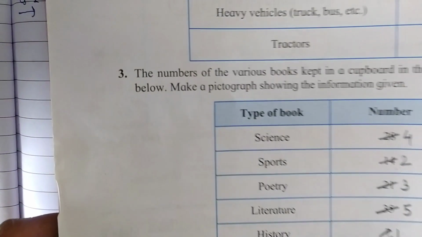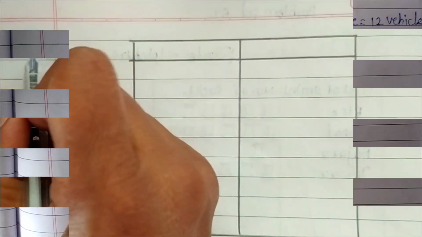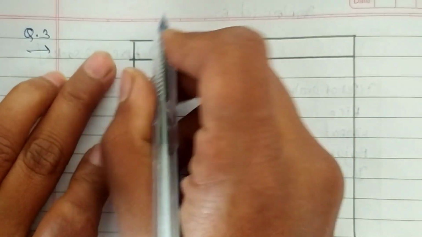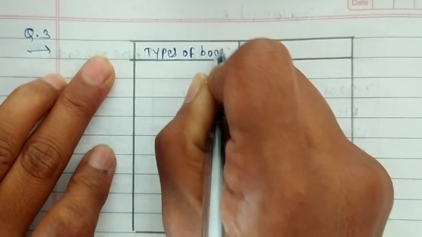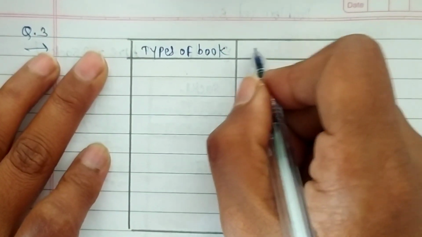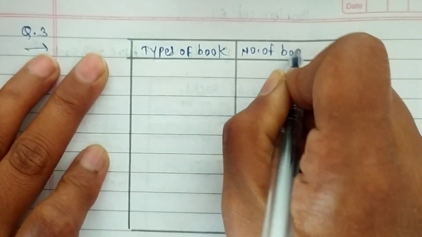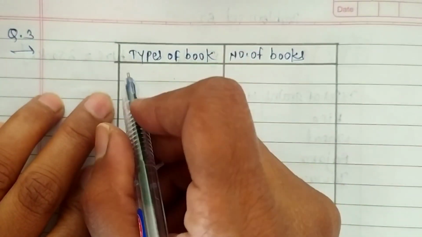So let's draw 2 columns for it like this. Here we have to make 2 columns, that is types of book, and number of books. Let's write here the types.